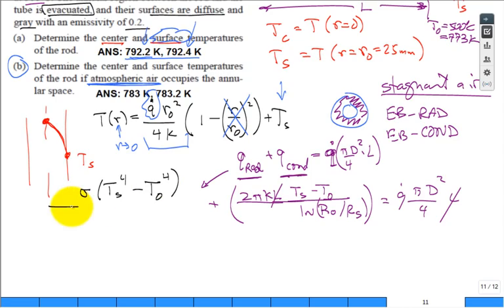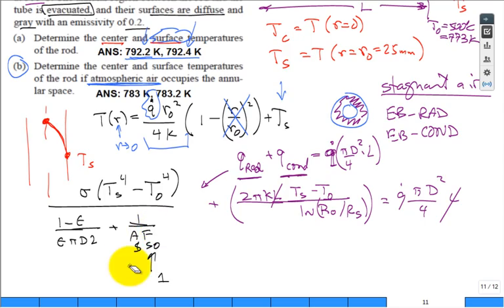Okay. And then what do we have here? We have a 1 minus epsilon over epsilon area, pi dL, and the view factor, 1 over AF. Go from the inner surface, which is S to naught, and that view factor S to naught is 1. From the inner pipe to the outer surface is view factor 1. That way this one is pi dL. You can see those L's are all going to cancel.